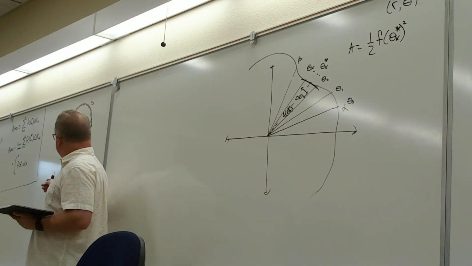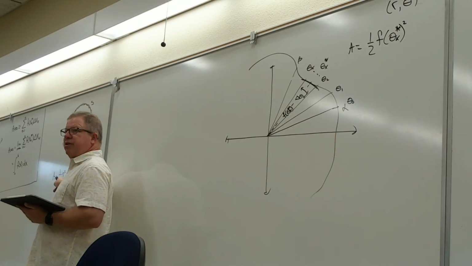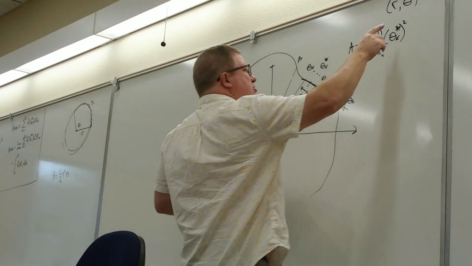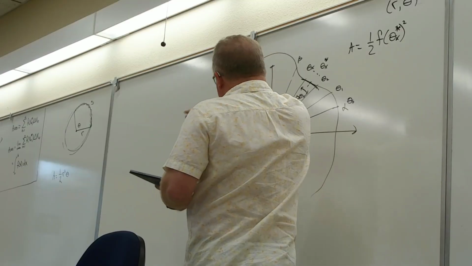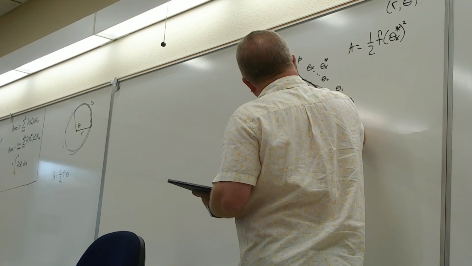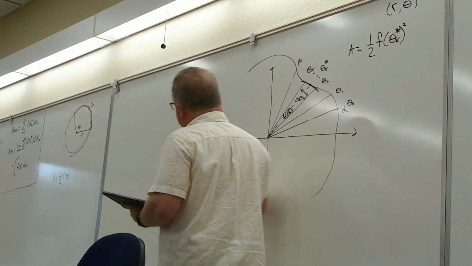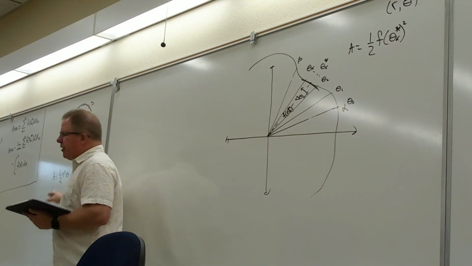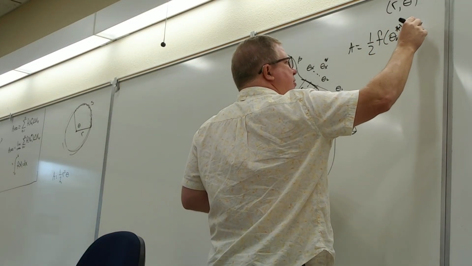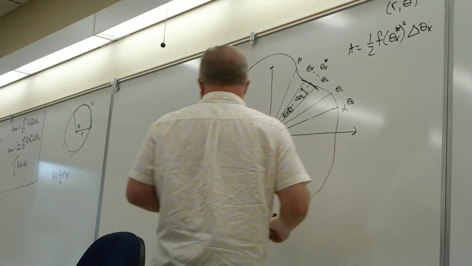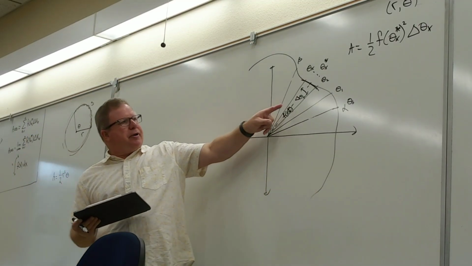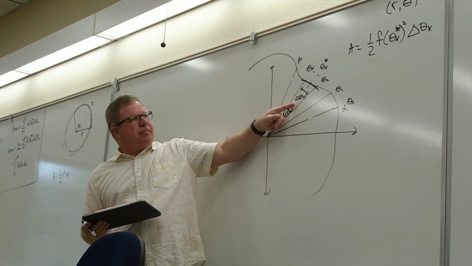That's that f of theta squared there, that's like the r squared here, times theta, which is this angle between them, that's the delta. Delta theta sub k, that is this theta. So times delta theta sub k.